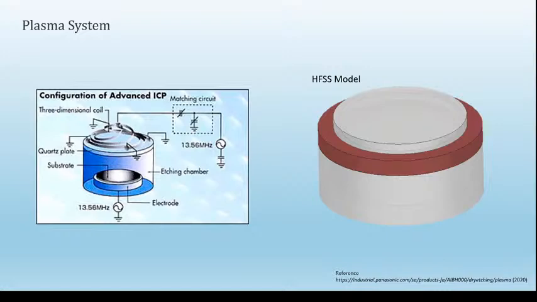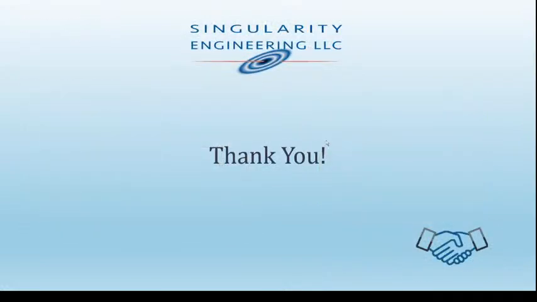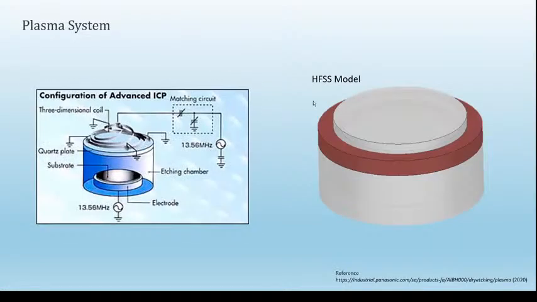On the right-hand side is a very simple model that I created for demonstration purposes. You can see on the top I have a cover, which is aluminum. Oh, sorry, jump to the last page. On the top is the aluminum, and I have a surrounding which is aluminum too, to make sure there's no field escape here.